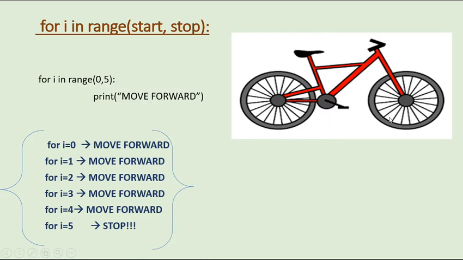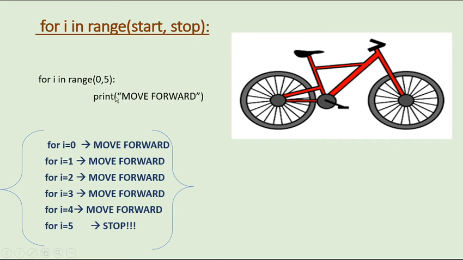Again, after executing I equal to 0, it will move forward. Again, the value of I changes to I equal to 1. It happens automatically. When the value of I changes to 1, then again it checks that 1 is not greater than 5. 1 is less than 5.